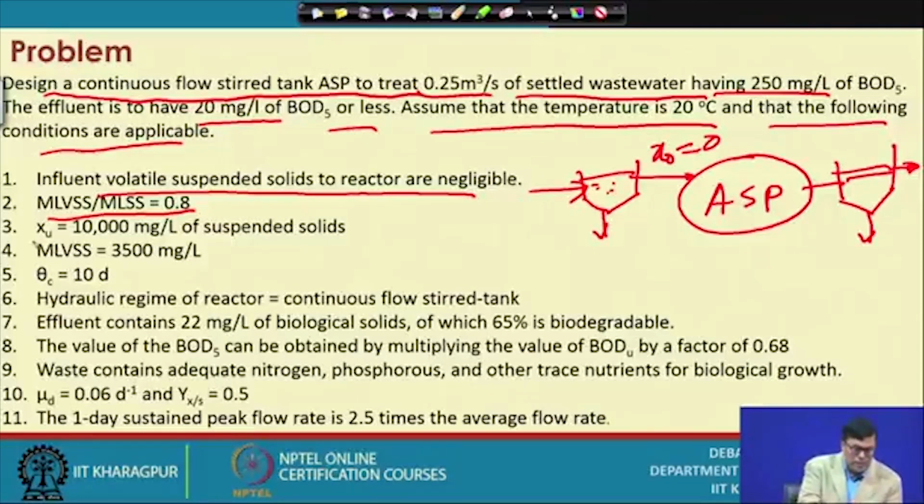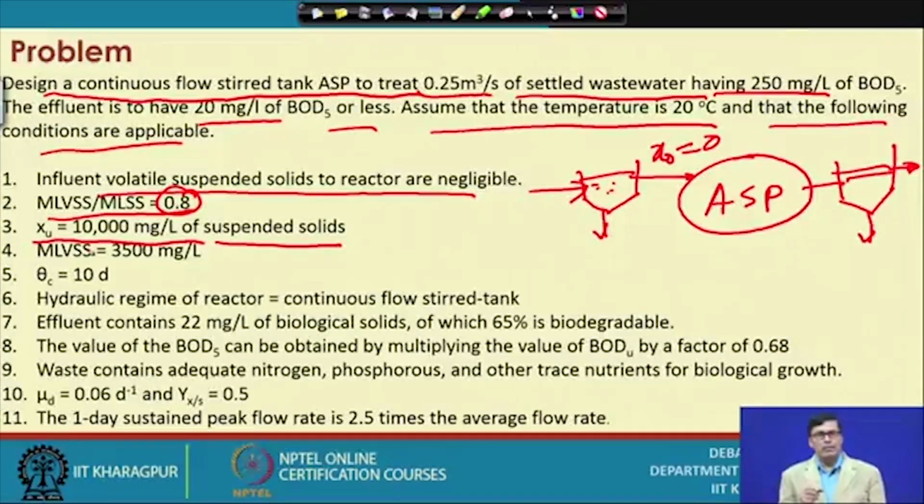Now, XU is the settled cell mass concentration, but this is suspended solid. So, this is not exactly the cell mass concentration, but if you multiply it with 0.8, then we will get the settled cell mass concentration. And this is MLVSS, that is the cell mass concentration X equal to 3500 milligram per liter. Theta c is the solid retention time or mean cell residence time, that is 10 days.